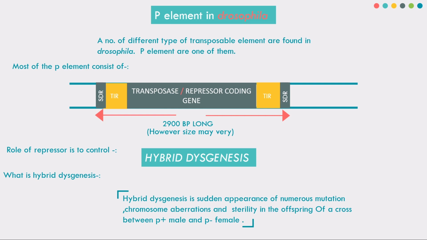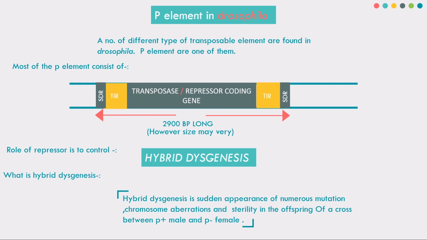What do we mean by P plus male and P negative female? P plus male means the male having transposons or the P element, and P negative female means the female doesn't have the transposons or the P element.